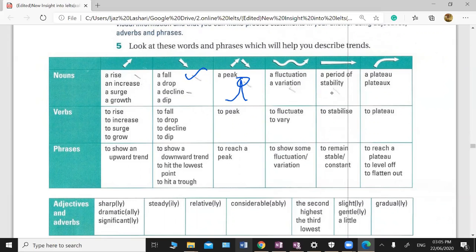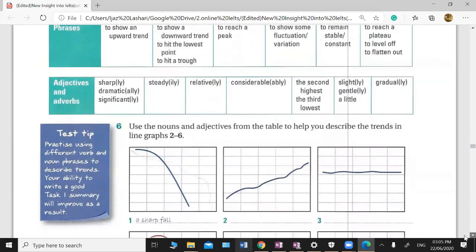It's opposite to the next one, which is a period of stability. And then there is a plateau, where it goes slightly higher and then stays stable. If you want to use them as verbs, you can use them as verbs, or as phrases, and also as adjectives and adverbs, like sharp, sharply, dramatically, or significantly. These are the vocab words which we will be using in today's session.